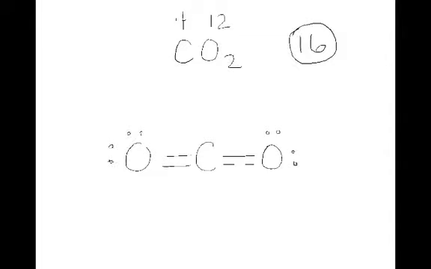Each oxygen has 8, and the central carbon also has 8. We might tend to draw this symmetrically, so we would move over these electrons maybe to the bottom of the oxygen and redraw the structure looking something like this, just so that it's symmetrical. And if you don't choose to take this last step, that's okay too.